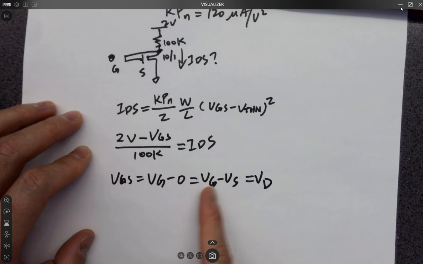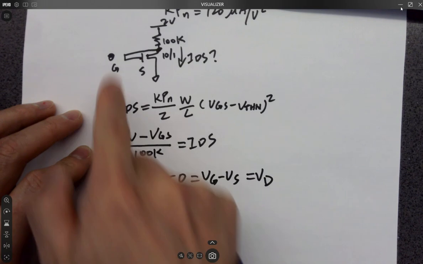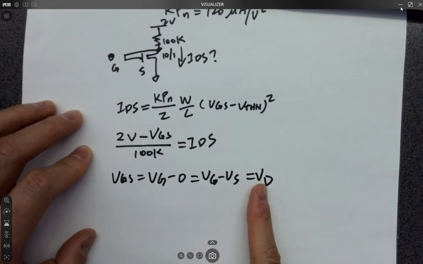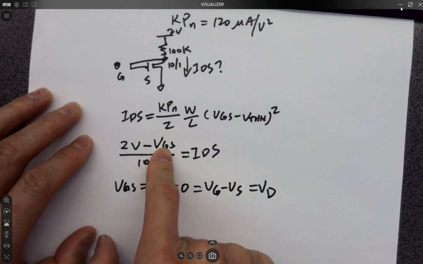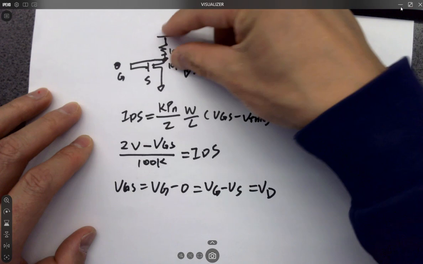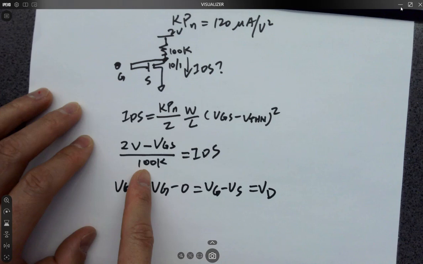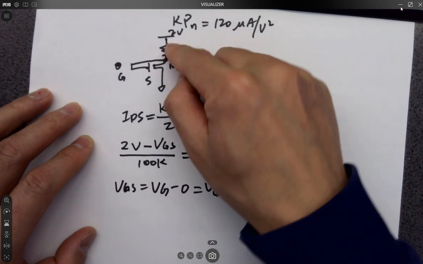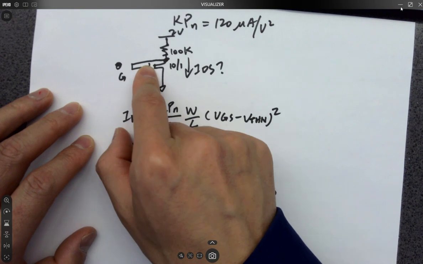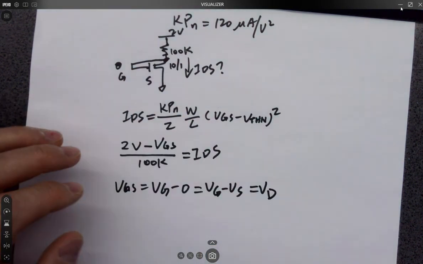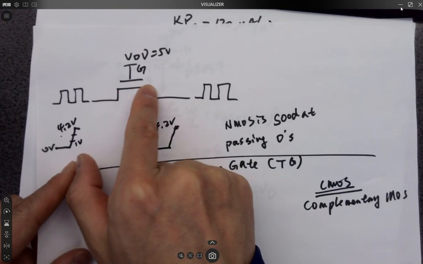So VGS is the voltage from G to S. S is 0 volts, that's why VGS equals VG. And because it's shorted to here, VG equals VD. And that is why 2 volts minus VGS is basically 2 volts minus VD. It's going to be the voltage across this 100K resistor. Divided by the resistance, you are getting IDS as well. It's just one channel. The gate is not getting any current into it because the gate is a dielectric material. There's no DC current.